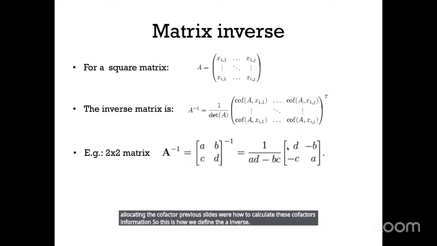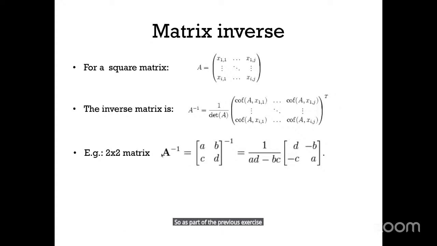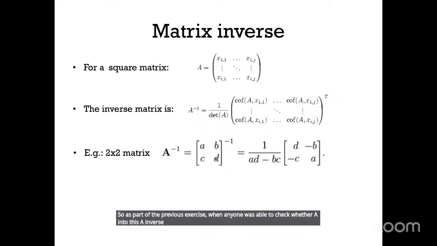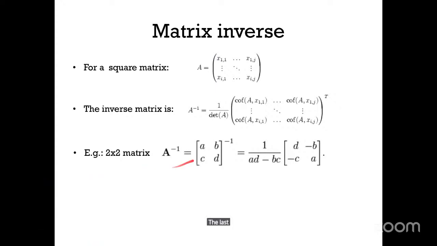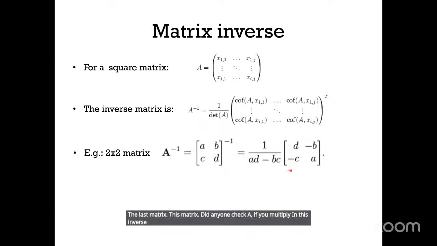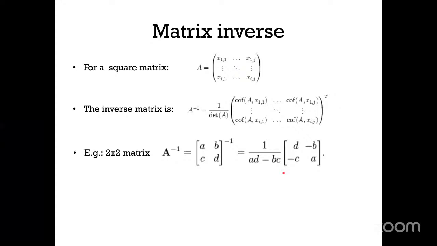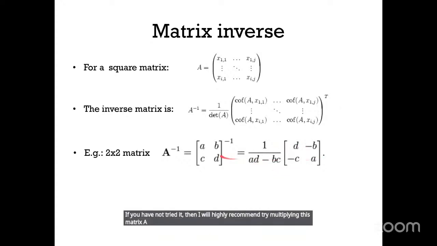As part of the previous exercise, was anyone able to check whether A multiplied by this A inverse, where A was the matrix with entries A, B, C, D, gives the identity matrix? If you have not tried it, I highly recommend multiplying this A inverse matrix with the A matrix and checking whether you get the identity matrix.